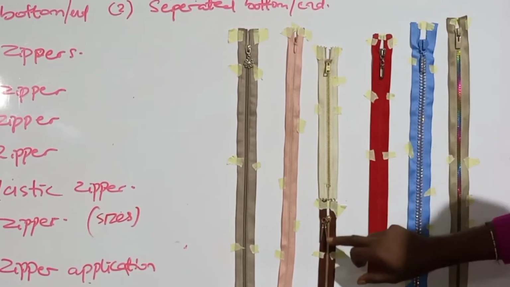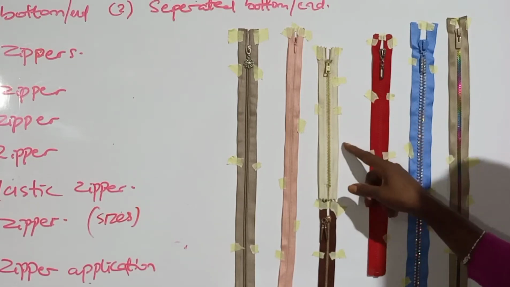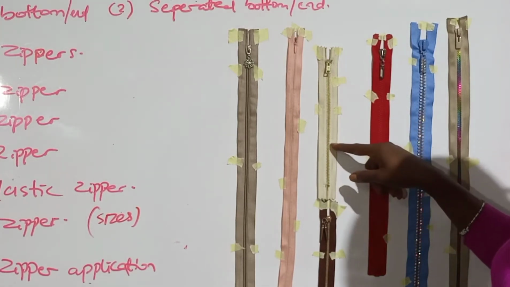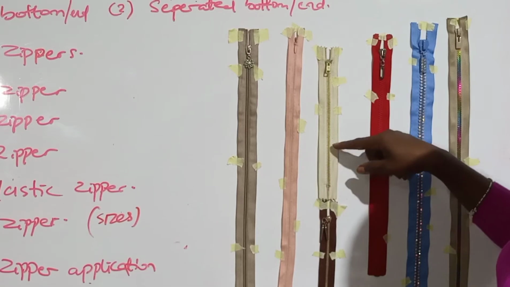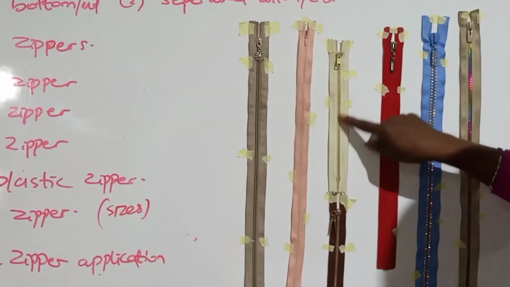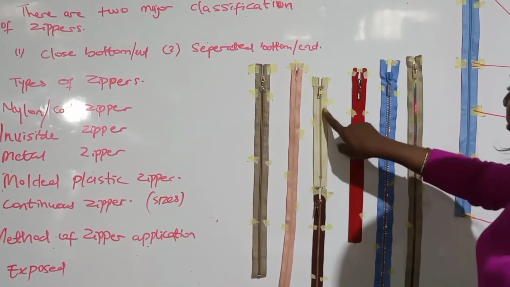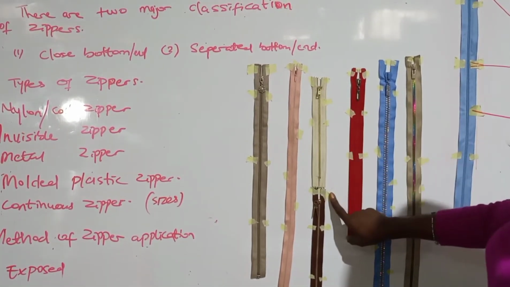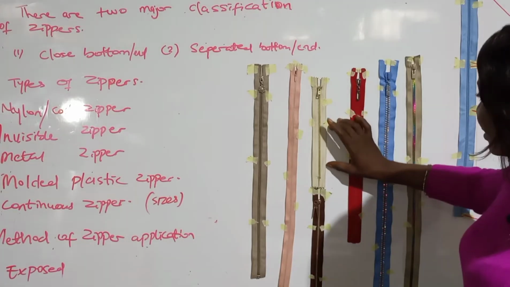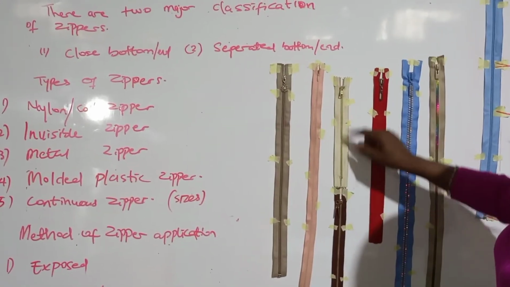It's a very strong zip too. When you are sewing, you have to be careful. The teeth is not easily broken, but it can destroy the sharp edge of your needle when you are working on your fashion projects. So you have to be extremely careful as well when you are fixing this kind of zipper.